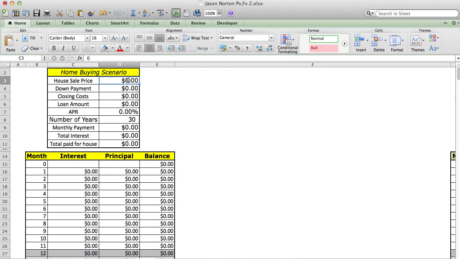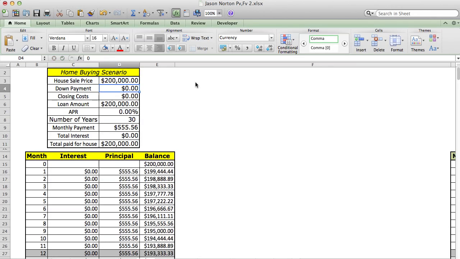So, this first field that I have right here is the house sale price. Let's say for an example that I was buying a house that was $200,000. Let's say I put a down payment of 10%, so $20,000, which is a pretty decent down payment.